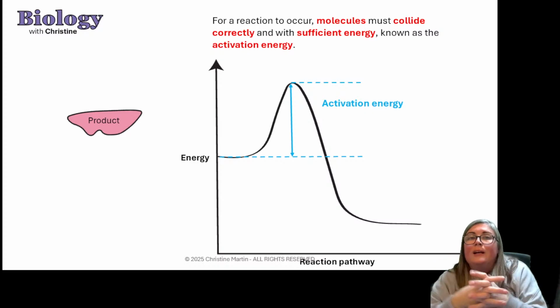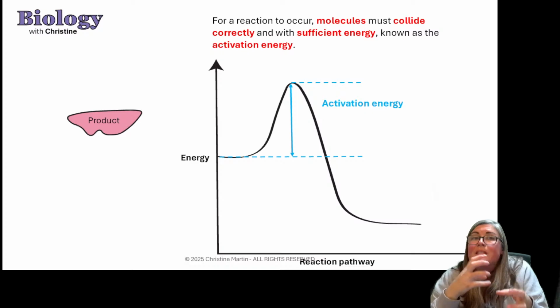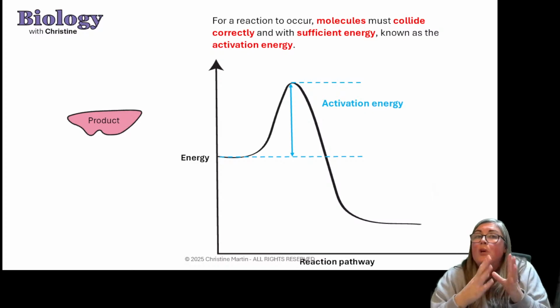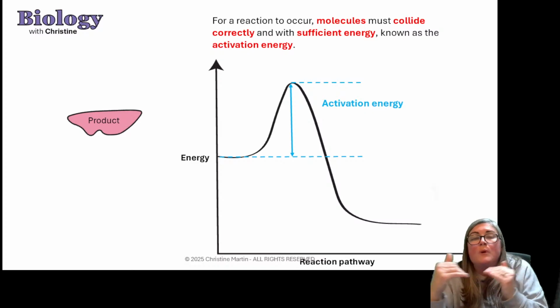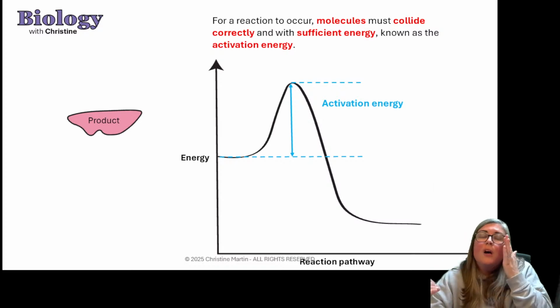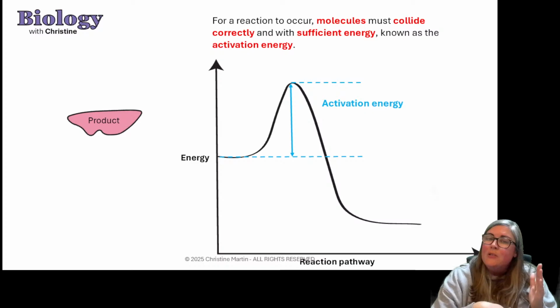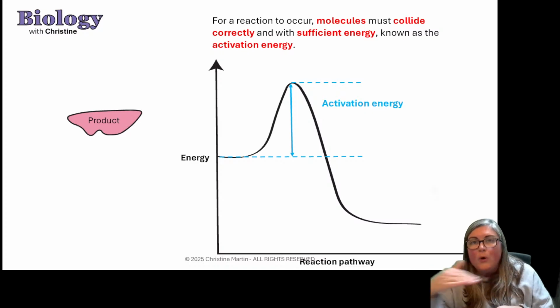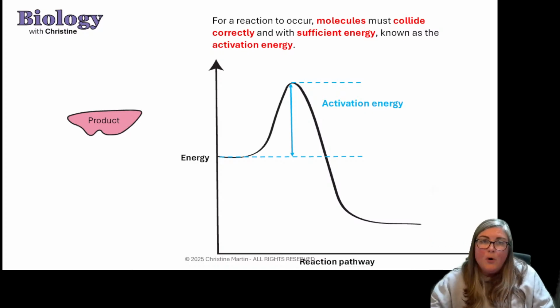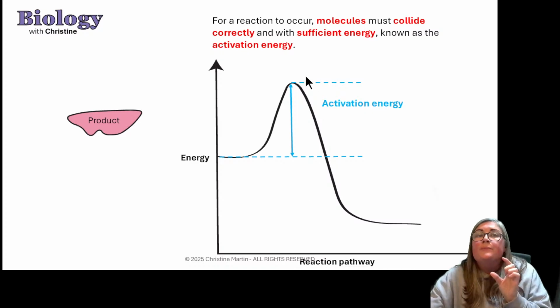When they are colliding, they need the right and sufficient amount of energy, and we call that activation energy, and then we will end up with our products. Whether it's an exothermic or endothermic reaction depends on where you'll see your line come off. But it's important to note our activation energy that is required goes from that initial line up to the peak.